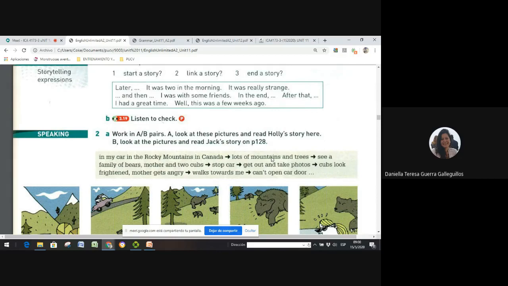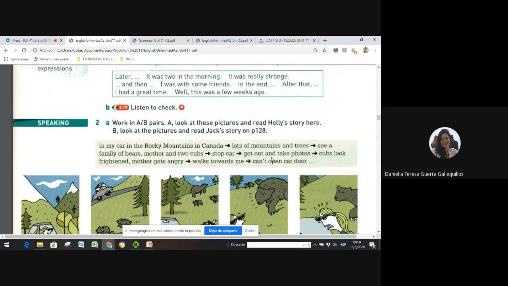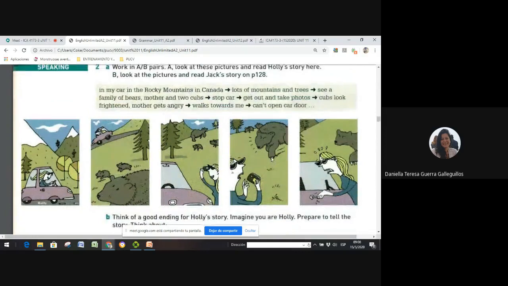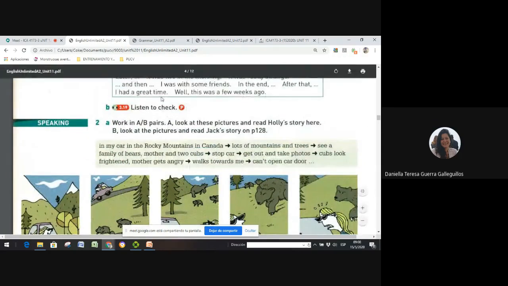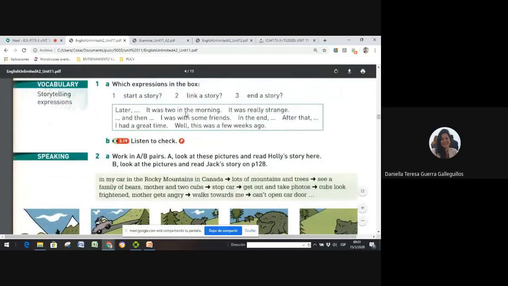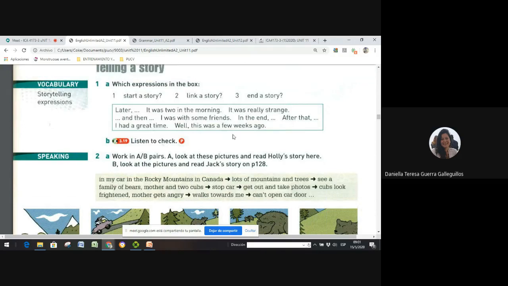Very good. So there you have your answers. But let's try to do this activity, all right? You are going to be using these expressions. You can change it, like saying it was 2 in the morning, you can change the time. It was 3 in the afternoon, okay? It was 3 o'clock after lunch, say whatever you want to say.